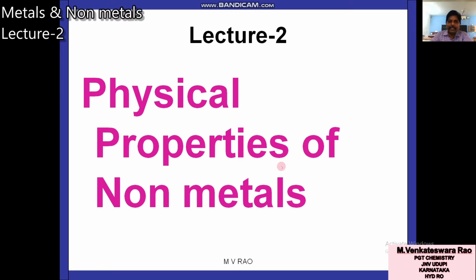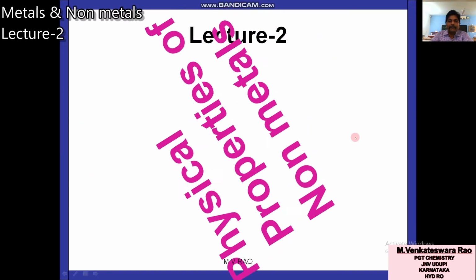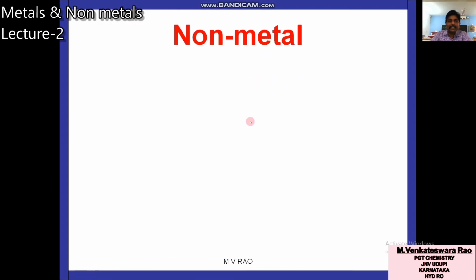Physical properties of non-metals. First of all, we will see what is meant by non-metal. You know metals: the elements which have a tendency to lose electrons are called metals.